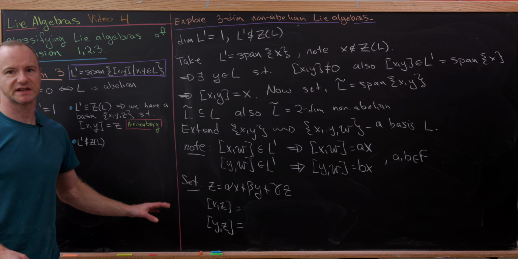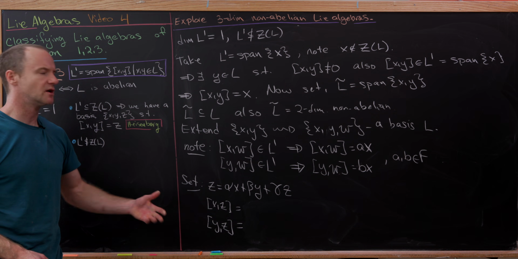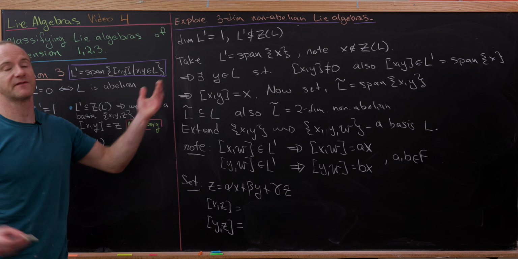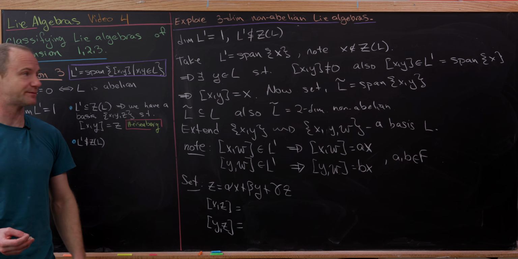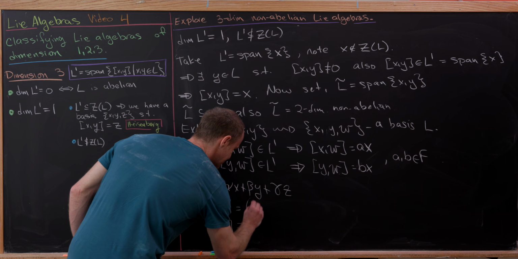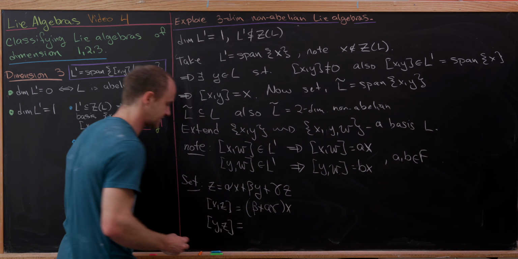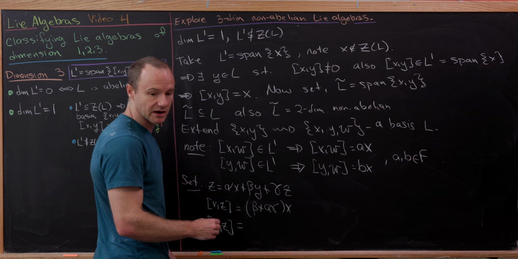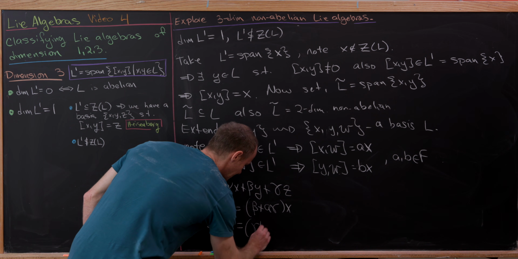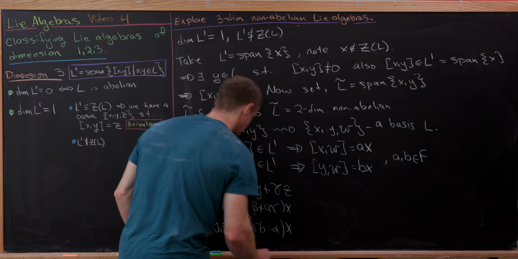I'll skip a couple steps here, but they're easy to check. Notice that both of these should be just multiples of x, based off of the fact that, again, x spans the derived subalgebra. So in this case, it's the multiple beta plus alpha gamma of x. And for this one down here, it is gamma times b minus alpha times x.